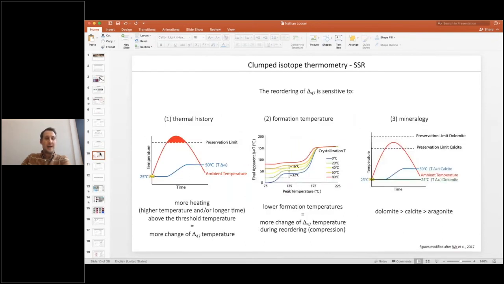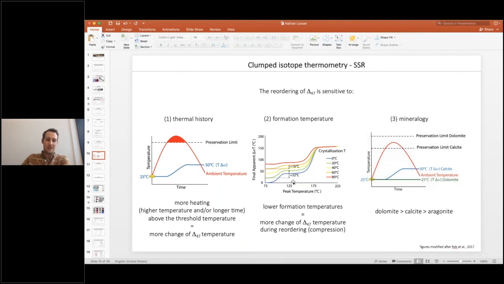There are different factors that influence solid-state reordering. The first one is the thermal history. The more heating, or the longer heating above this preservation limit, the higher the change in 47 temperature is going to be. Secondly, the formation temperature. The lower the formation temperature, the more you will change the clumped isotope temperature during the reordering.